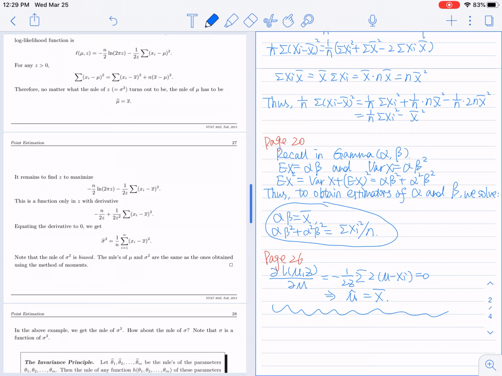As you can see, sigma hat square is the maximum likelihood estimator of sigma square, and this is different from the s square we used later, right? So s square divides the sum of squares by n minus 1. However, sigma hat square is divided by n, and we know that s square is unbiased, right? But here sigma hat square is not unbiased.